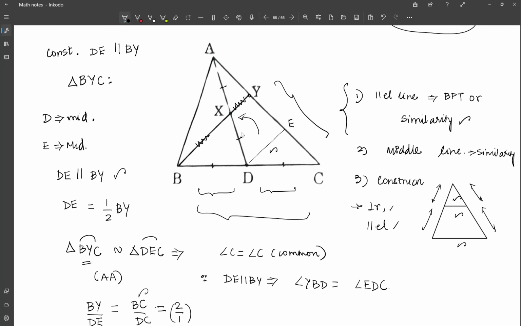Now we need to take AX and XD, and XY is also parallel to DE, which happens in triangle ADE. I'm going to take this particular triangle here.